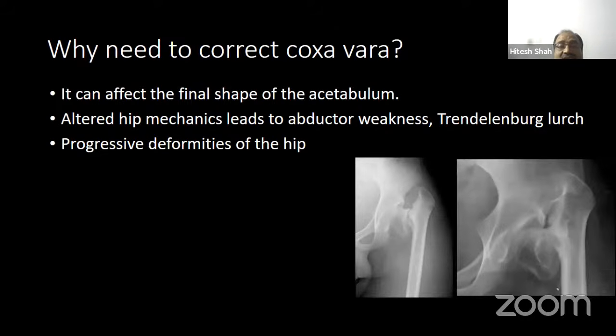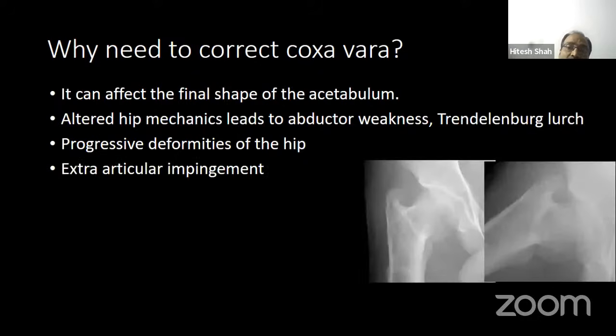As we can see, the child presented around 13 years and was advised surgery, but did not come back for the surgery until after 5 years, and we can see remarkable deformity progression in this child. So it can lead to progression of the deformity. If it has not been treated, it can lead to extra-articular impingement.